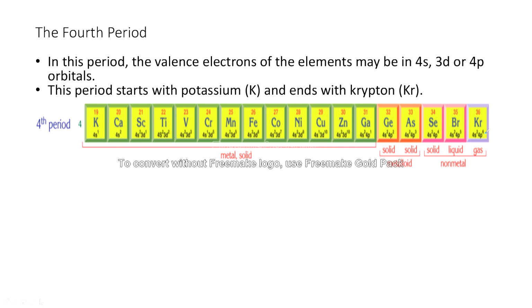The elements contain 4s, 3d, and 4p orbitals. It starts with potassium and ends with the noble gas krypton. We can see that we have a large number of metal elements, then metalloids, and it finishes with non-metal elements.